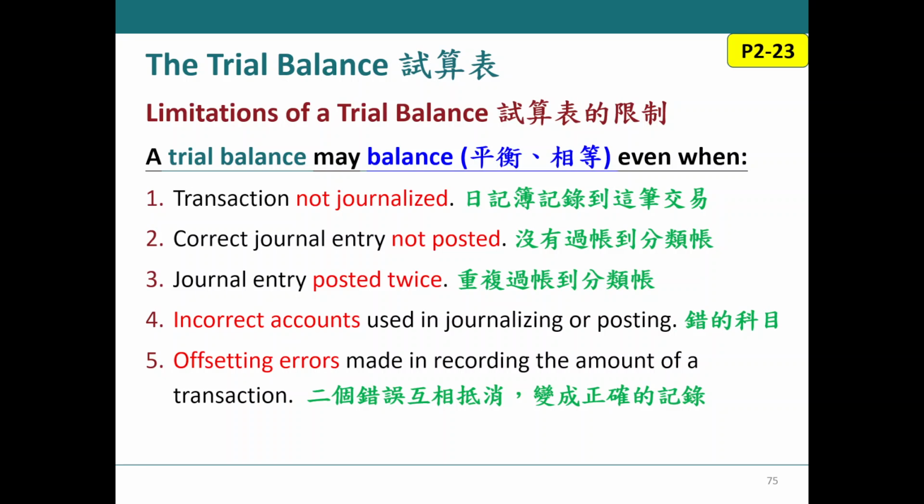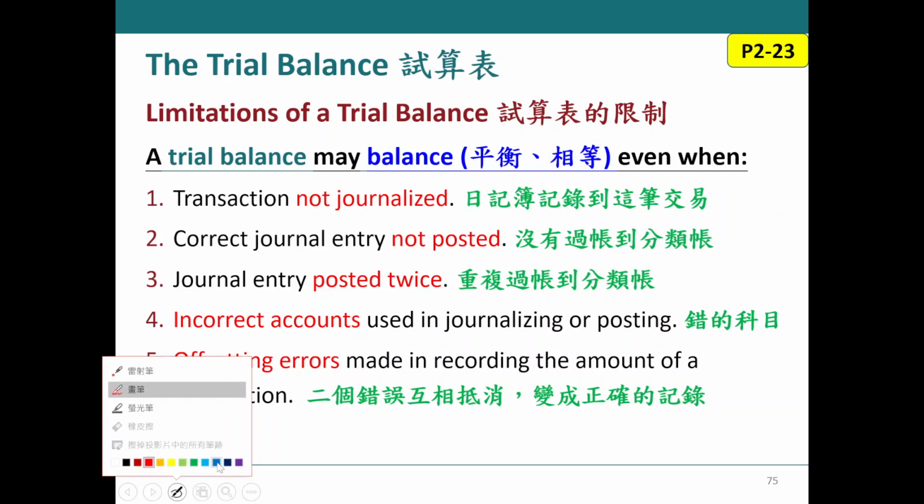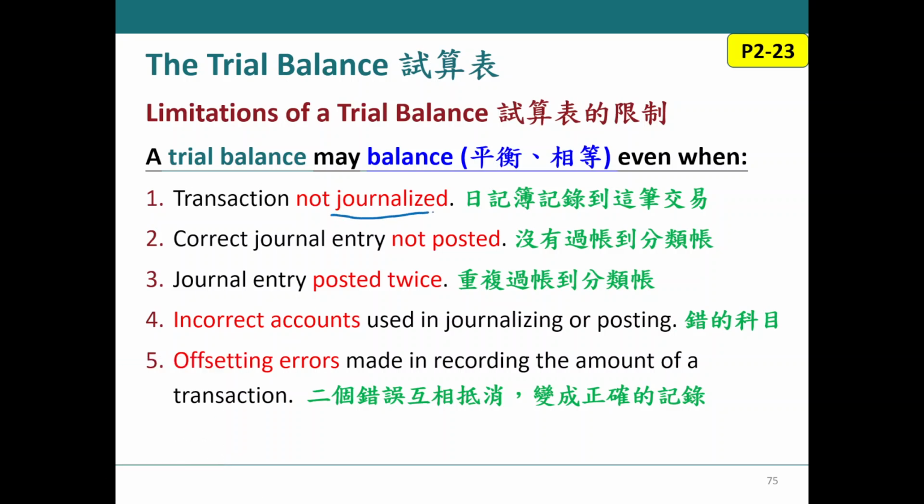If you made a mistake in one of them, still you will not get the correct number. So first case, transactions not journalized. What does it mean? Journalized means we write down the transaction in the first accounting book, journal, right?